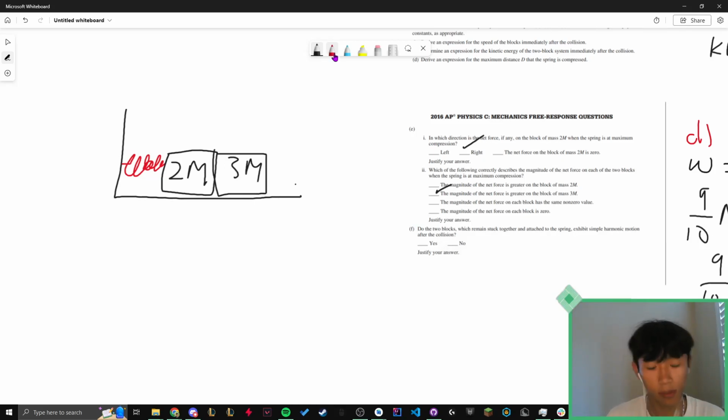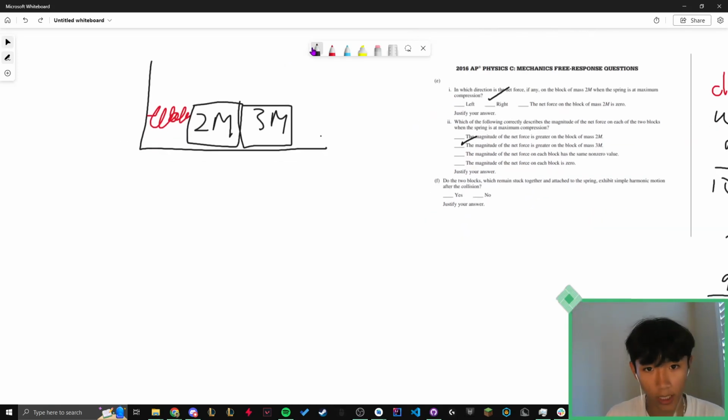Maybe some people would tackle this problem saying that 2m has the force of 3m and the force of the spring applying on it. However, that is true, but that doesn't mean it has the greatest force, because the blocks are sticking together.